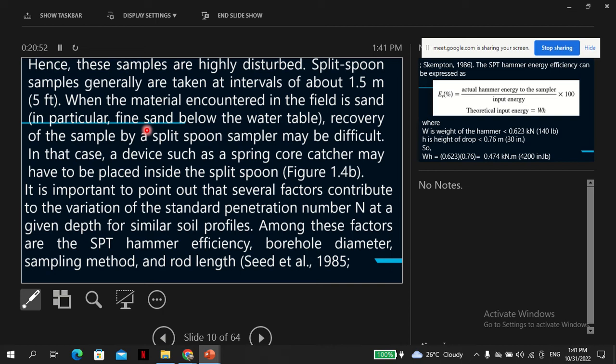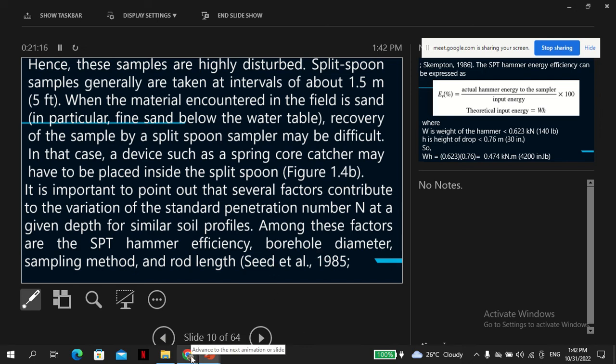I already showed you. It is important to point out that several factors contribute to variation of the SPT number at a given depth for similar soil profiles. Among these factors are the SPT hammer efficiency, borehole diameter, sampling method, and the rod length.